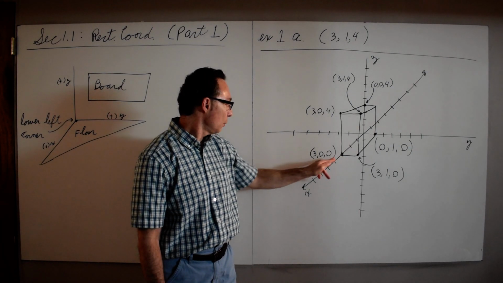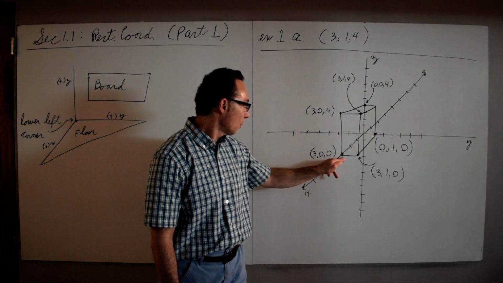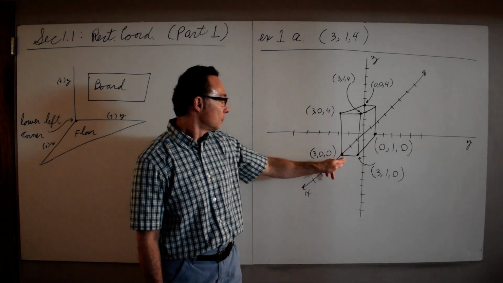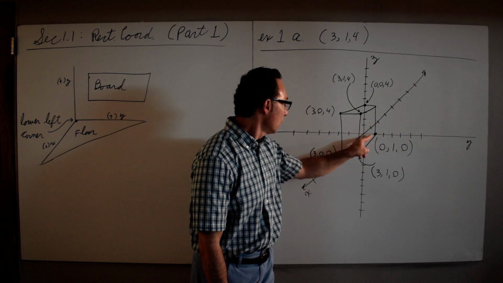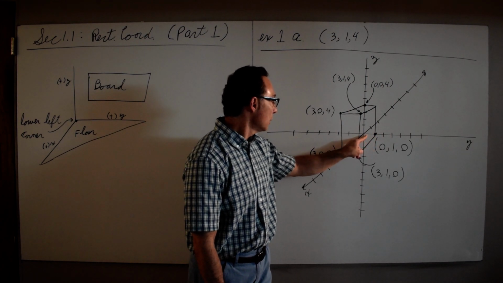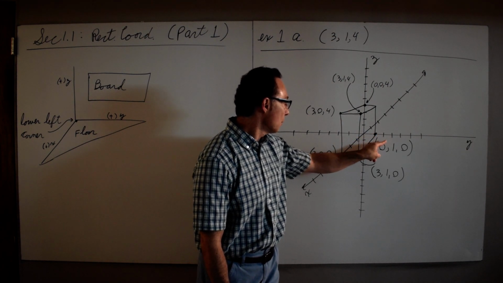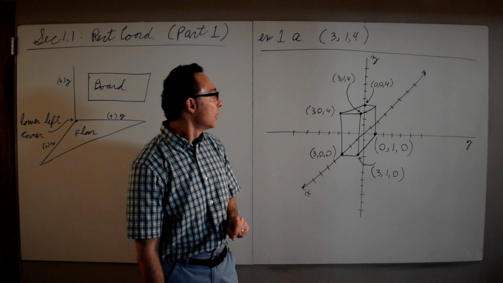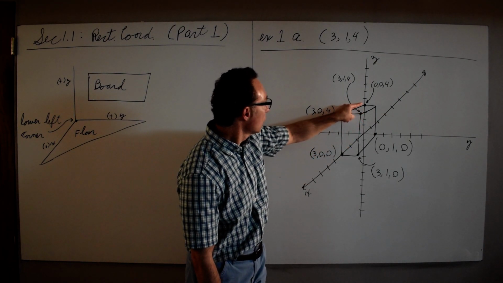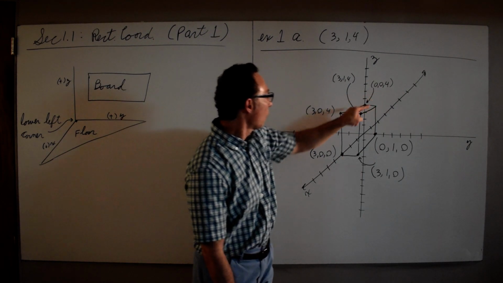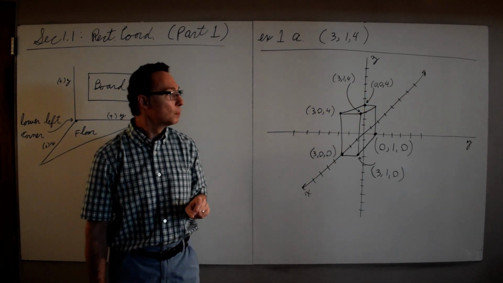So we come out and we find the point (3, 0, 0) on the x-axis. If we come along 1 unit, this is the point (0, 1, 0) on the y-axis. And for the z-axis, 1, 2, 3, 4. So we plot the point (0, 0, 4) on the z-axis.